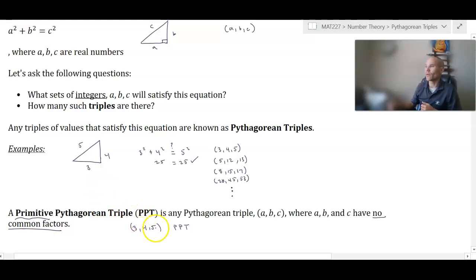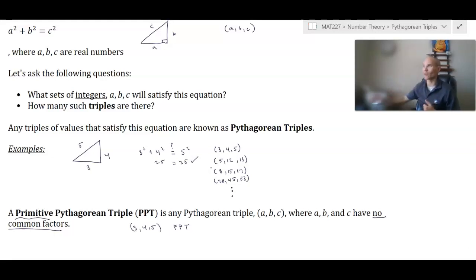And so already we know that these are not going to have any common factors. Okay, so all three of them do not share any common factor other than 1, of course. 5, 12, and 13, we can also check and verify that. And it is not necessarily the case that all Pythagorean triples will be primitive, but some of them will be.